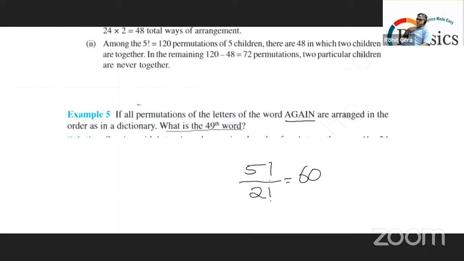So first two places are occupied by A in the dictionary as you progress. You will write it like this. A-A-G-I-N is the first word.